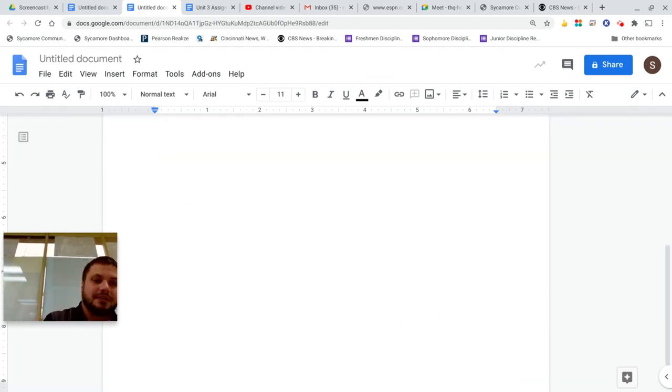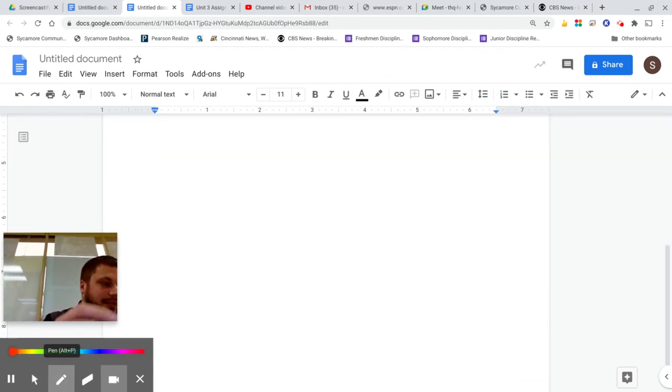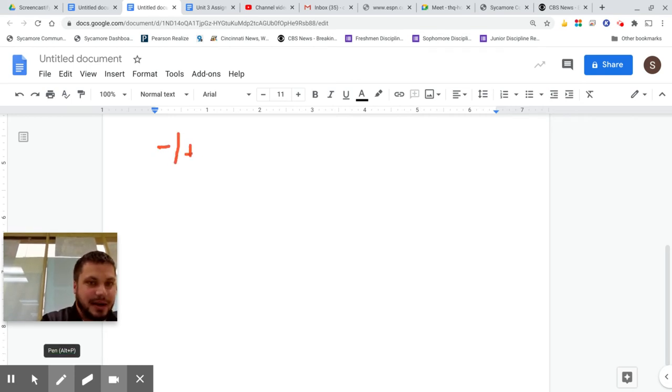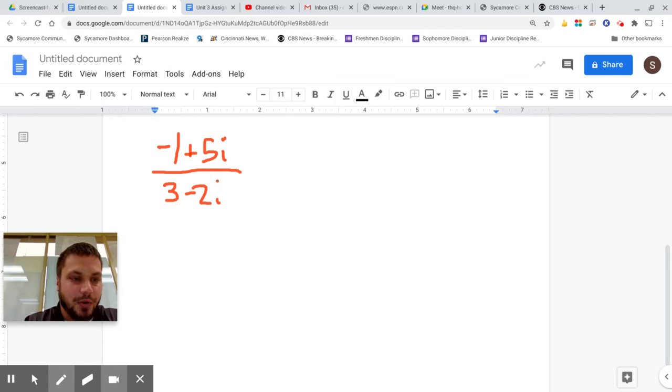Okay, let's talk about what to do when it's a little more complicated. It's when it's a complex number, a binomial, on the bottom. So I've got negative 1 plus 5i over 3 minus 2i. What you always want to multiply by here is the vocab word: since it's a binomial, you multiply by the conjugate.